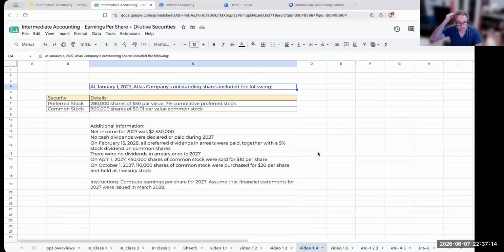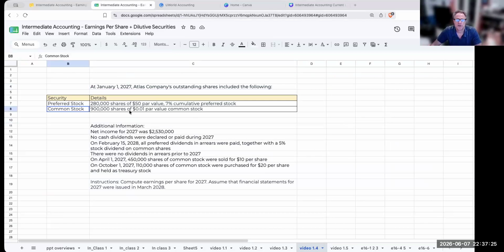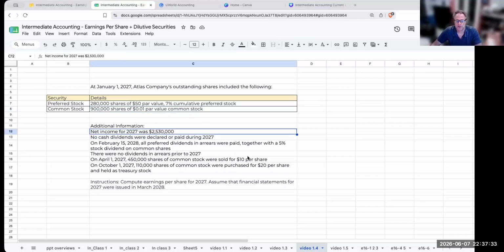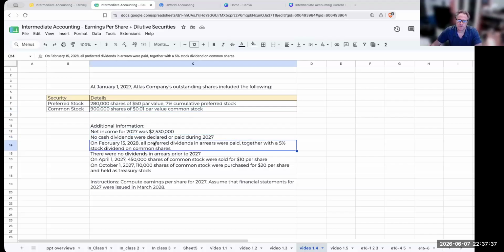So let's go to this question. On January 1st, 2027, Hello Atlas had outstanding shares that include the following: 280,000 shares of $50 par value, 7% cumulative preferred stock, and 900,000 shares of 0.001 par value common stock. Net income for the year was $2,530,000. No cash dividends were declared or paid. On February 15th, 2028, all preferred dividends in arrears were paid together with a 5% stock dividend on common shares.